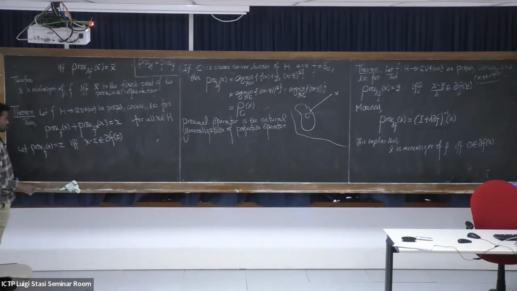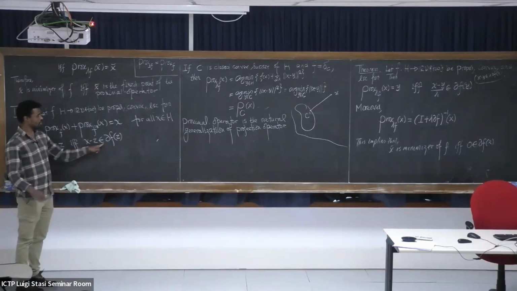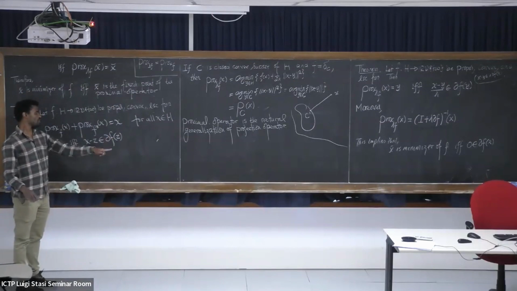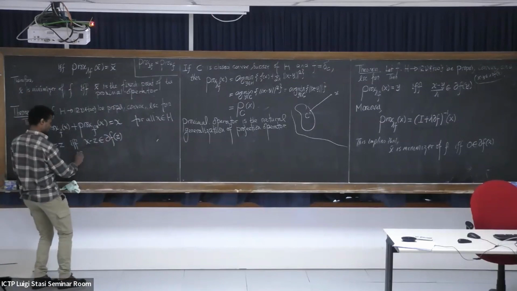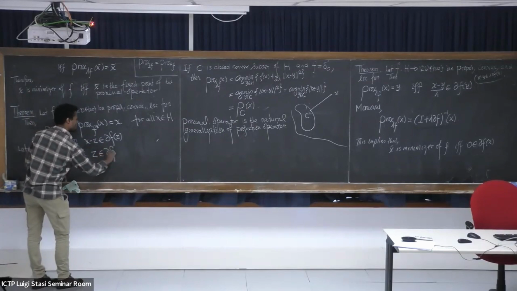Again, I'll come back to our Fenchel conjugate. If x minus z is an element of the subdifferential of f, meaning that z is an element of the subdifferential of f star at x minus z.